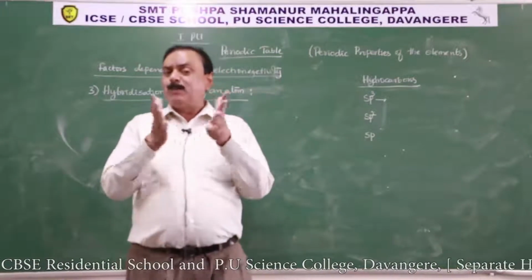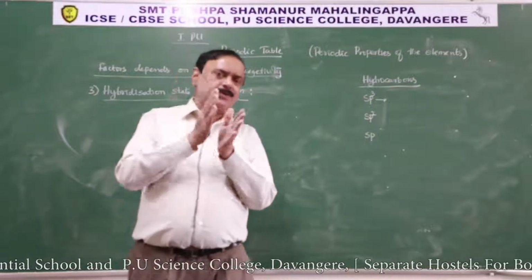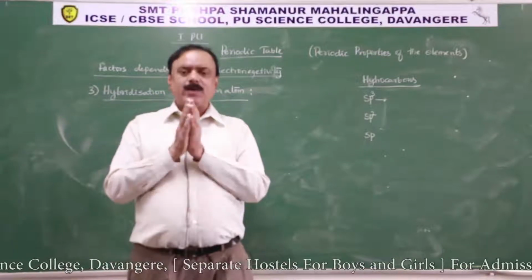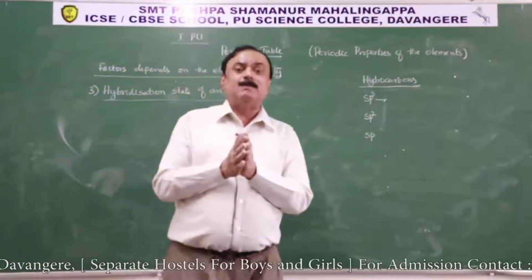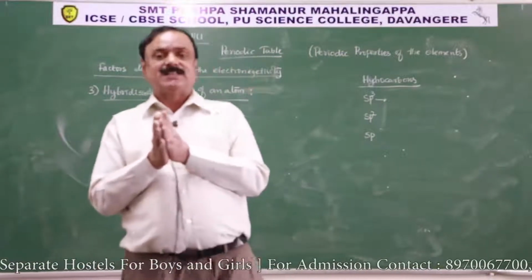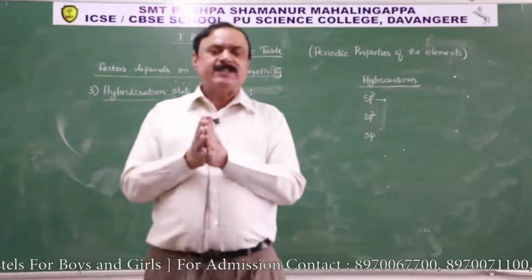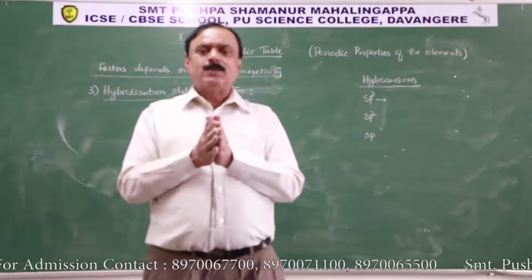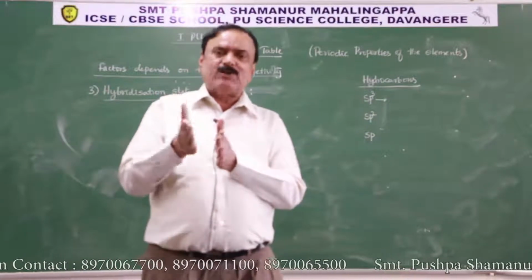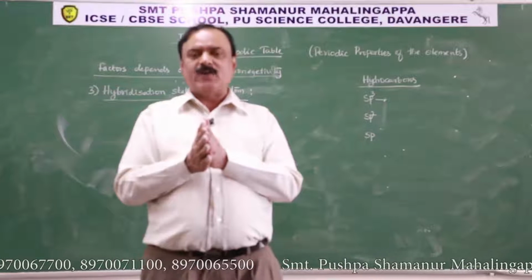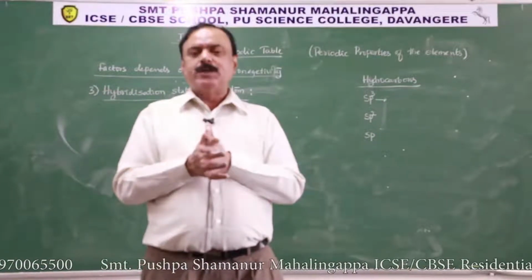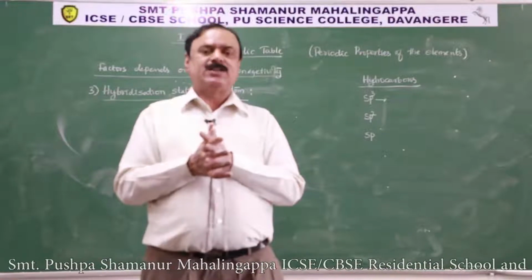Now, the covalent bond formation and ionic bond formation you studied in previous classes. The ionic bond is formed by complete transfer of valence electrons from the most electropositive element to the most electronegative element. Therefore, the electropositive element acquires positive charge by giving off the electron, and the most electronegative element acquires negative charge by accepting the electron.